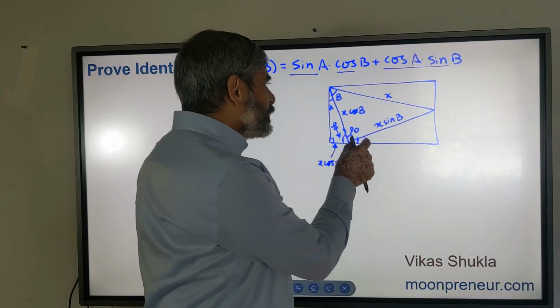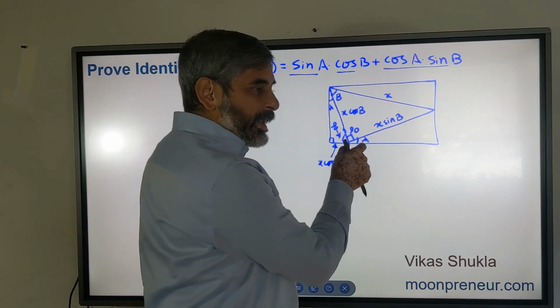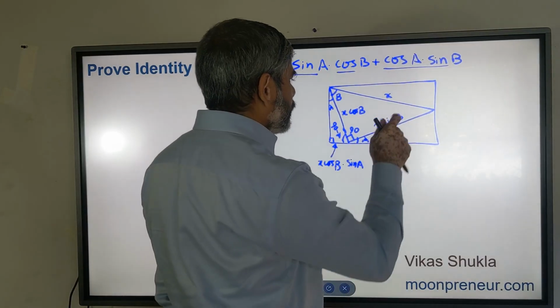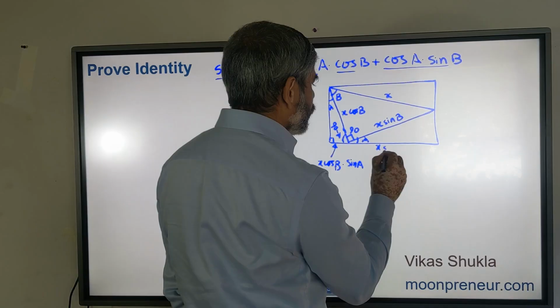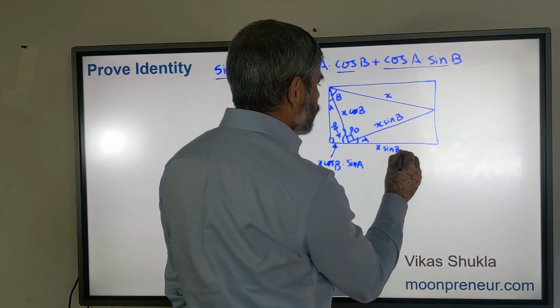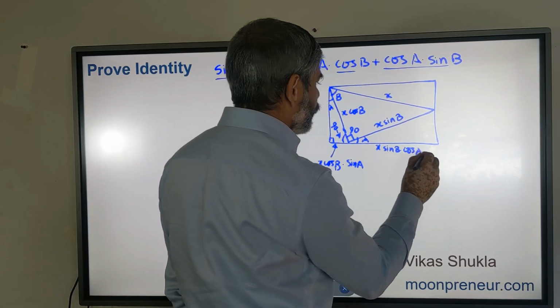Now because this angle is A and this is x sin B, the projection of this line over this line is going to be x sin B into cos A.